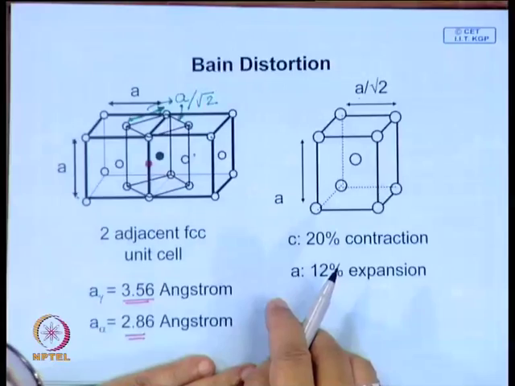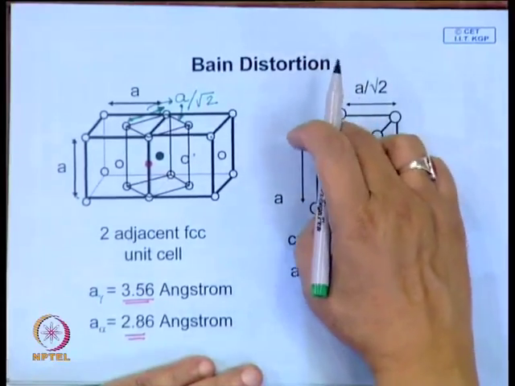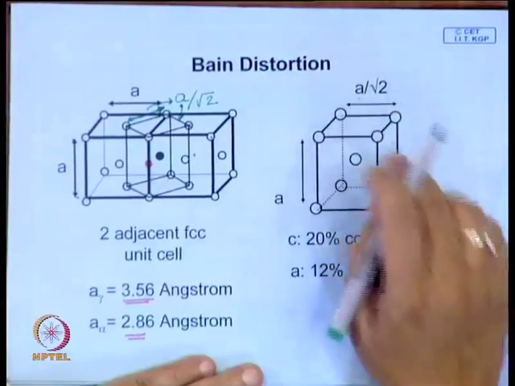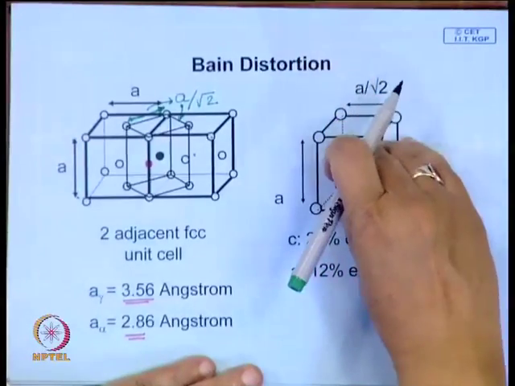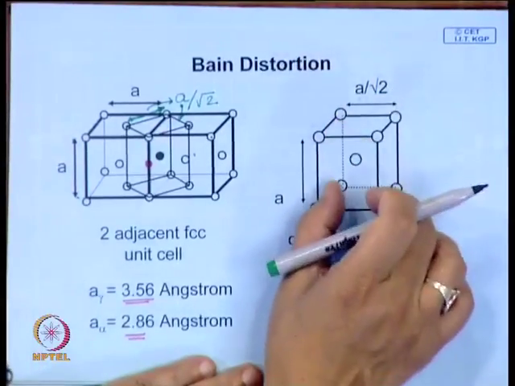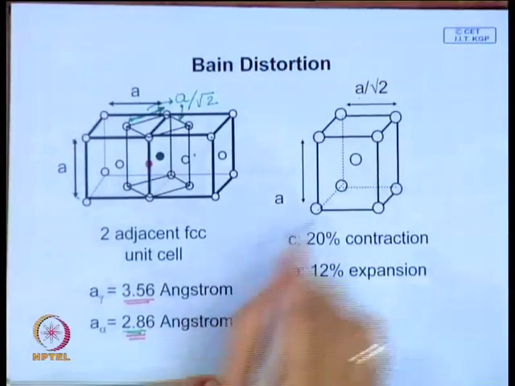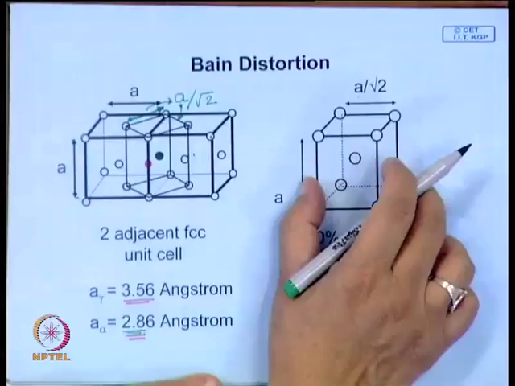To make it BCC, look at this, this is much larger than this dimension. So, what you have to do is compress it in this direction, since A over root 2 is less than this value, and you have to expand in this direction.